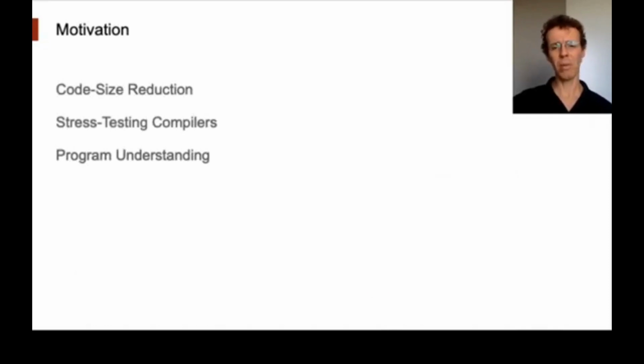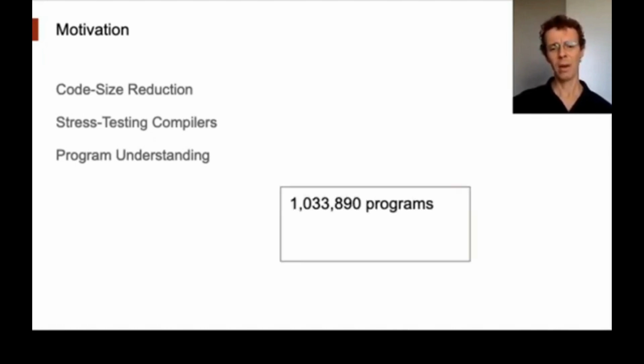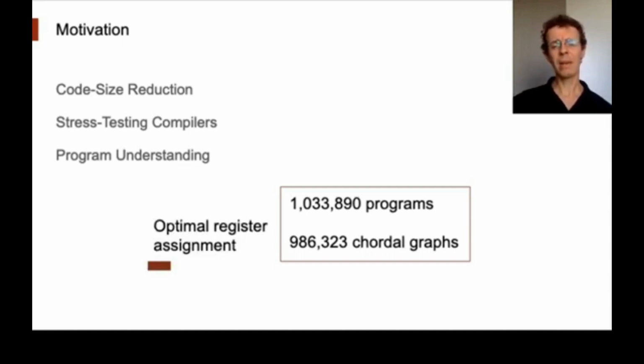By program understanding, I mean that we can infer more information about code that we find in the wild. For instance, out of a bit more than 1 million programs, we have found that 986,000 have chordal interference graphs. That means that the problem of assigning physical registers to variables can be solved optimally for those programs.